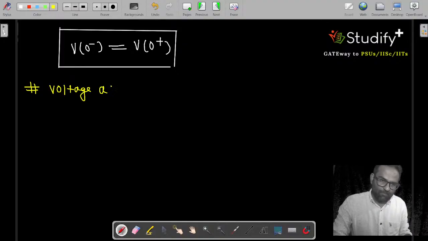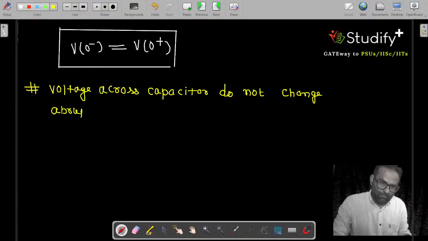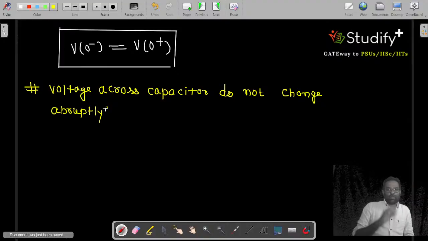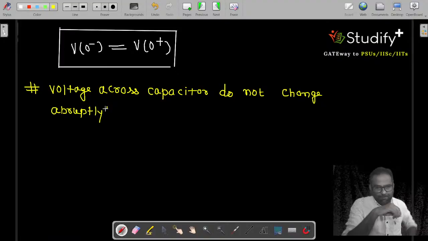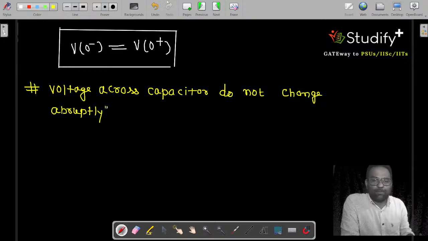It means that the voltage across any capacitor will not change abruptly. It happens with the time constant. We will talk about everything. So this is our first concept about the capacitor.